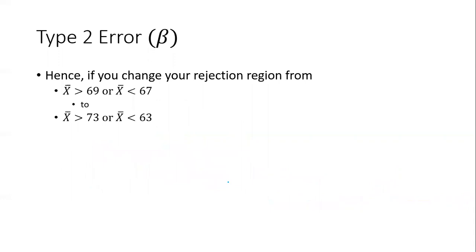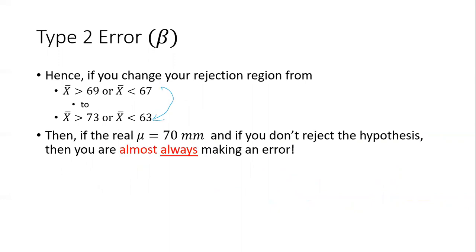Okay? So if you just change your rejection region from this to this, then if the real mean mu is equal to 70 millimeters, so if the factory is producing with a mean different than the mean that you want. Remember, our originally requested mean was 68 millimeters.